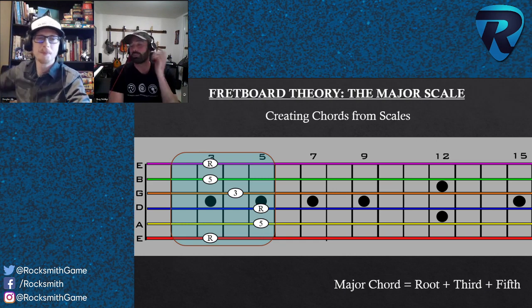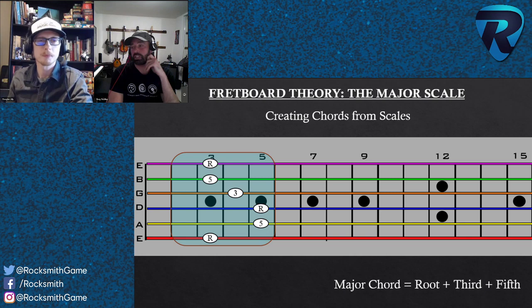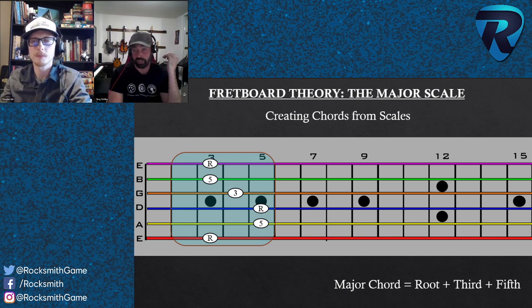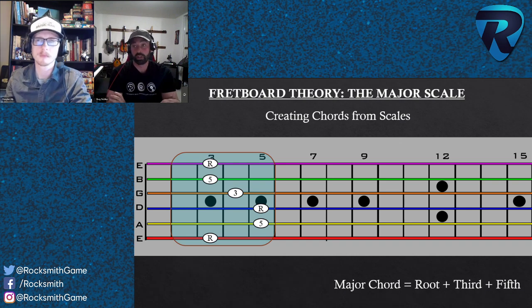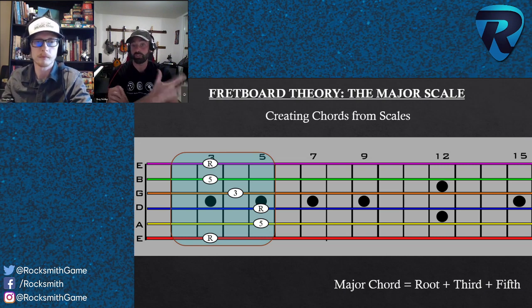So the idea of inversions, it's kind of implied that if you have a major chord, the root is the lowest note. Right now in the image we have here, the root is the lowest note on the low E string. But an inversion means that the root is not the lowest note, but you still have the same combination of notes.